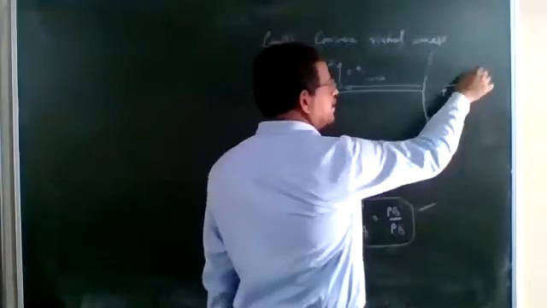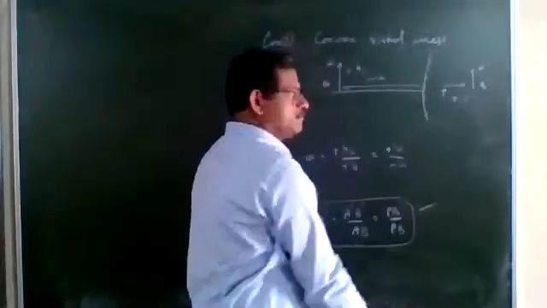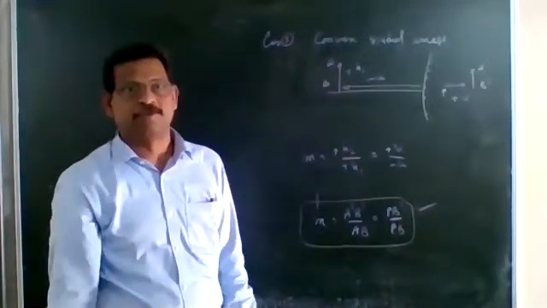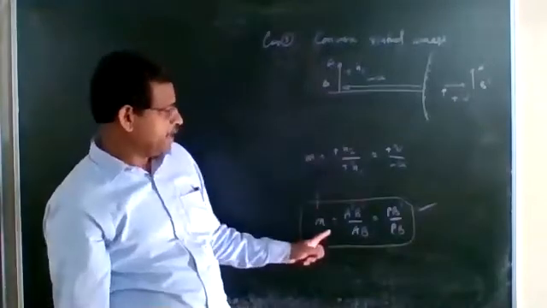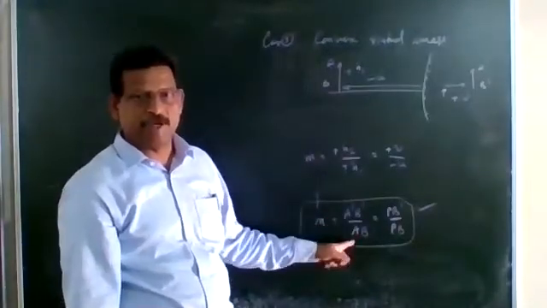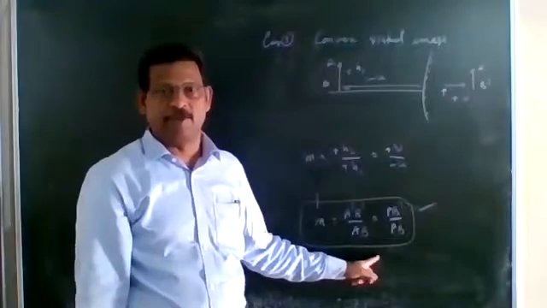Diminished image you are getting, A dash B dash is the diminished, virtual diminished image behind the mirror. Again, the equation is M equal to A dash B dash upon AB equal to PB dash by PB.